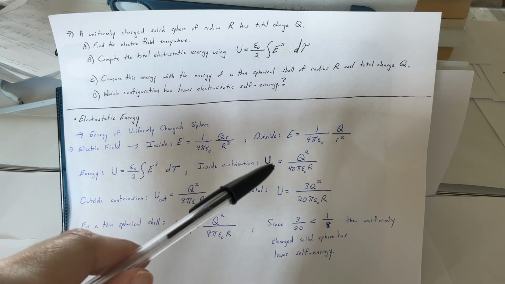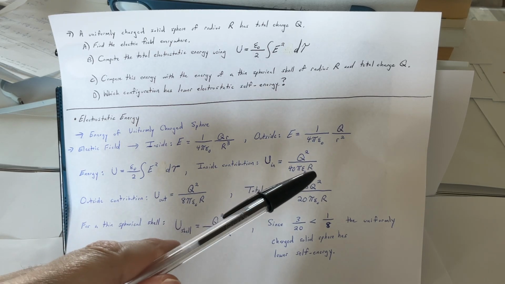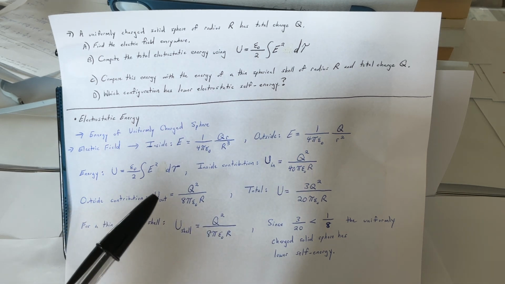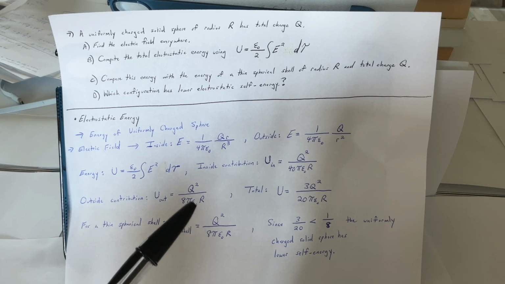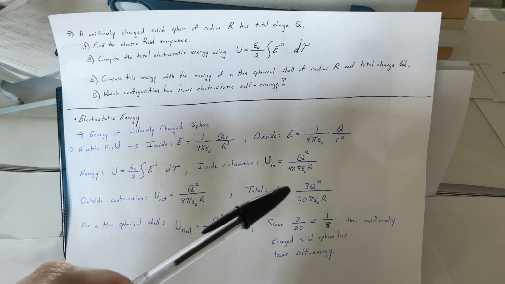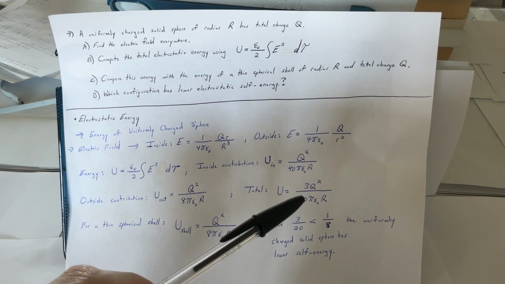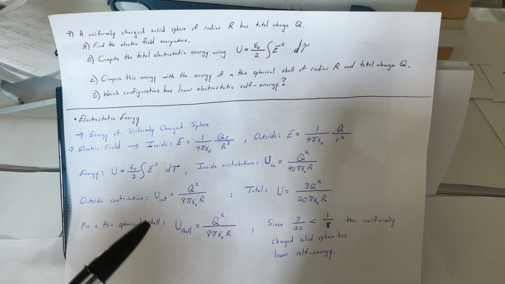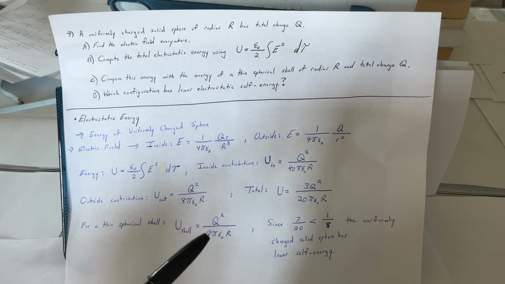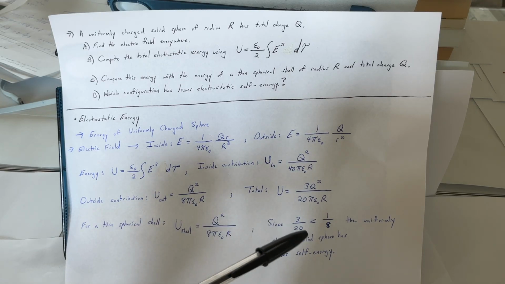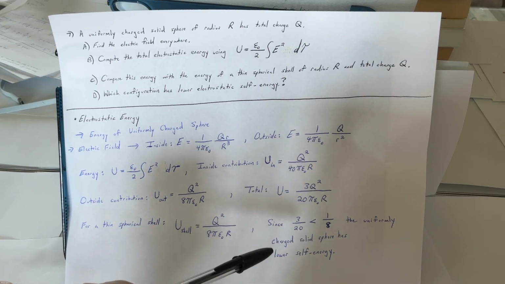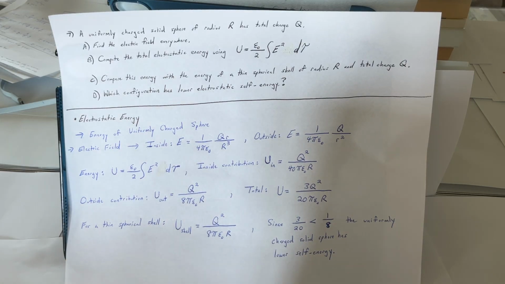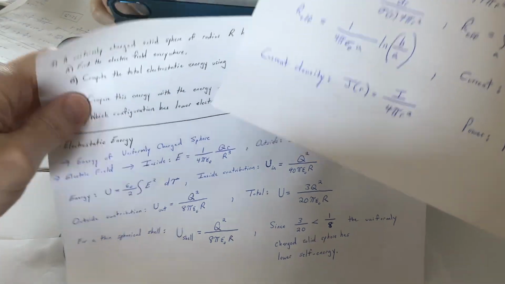The inside contribution, U sub in equals Q squared over 40 pi epsilon naught R. Our outside contribution, U sub out equals Q squared over 8 pi epsilon naught R. Our total, U equals 3Q squared over 20 pi epsilon naught R. For a thin spherical shell, U sub shell equals Q squared over 8 pi epsilon naught R. And we can conclude here, since 3 over 20 is less than 1 over 8, the uniformly charged sphere has lower self-energy. Okay, so moving forward to number 8.